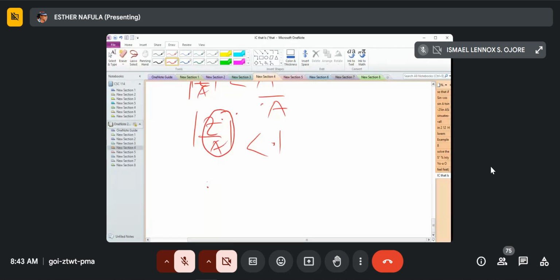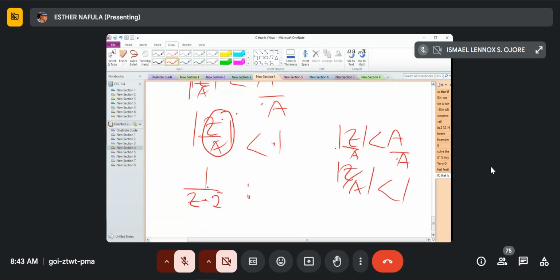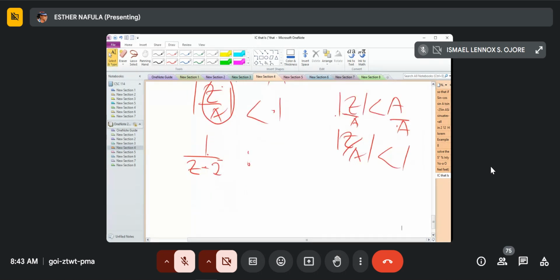So if I had something like 1 over z minus 2, but I was given the condition modulus of z less than a, the first step is I divide through by a so that I have the condition modulus of z less than 1. Now I'm having a z over a.